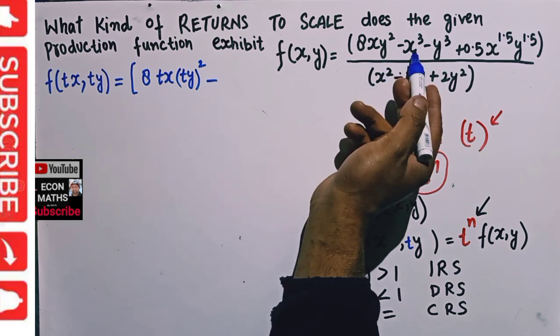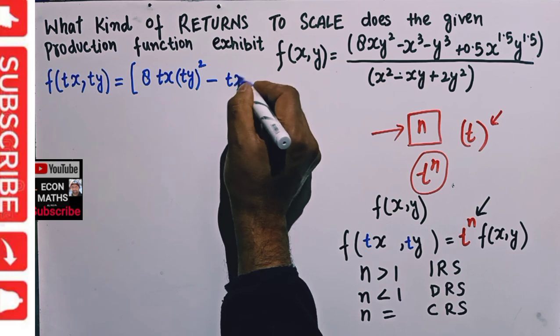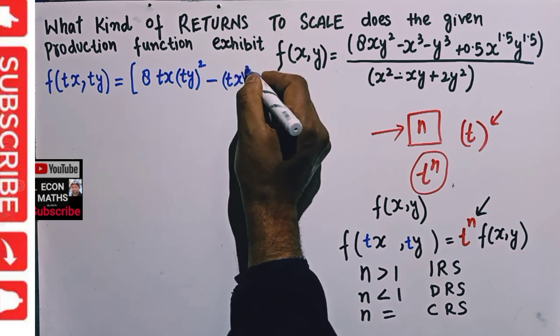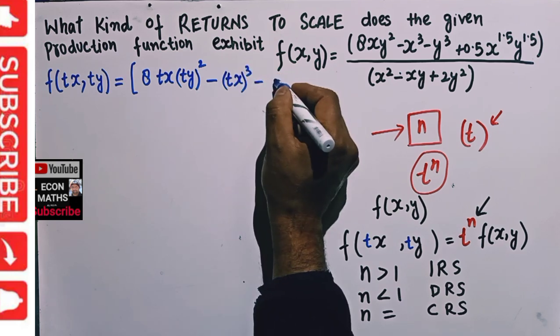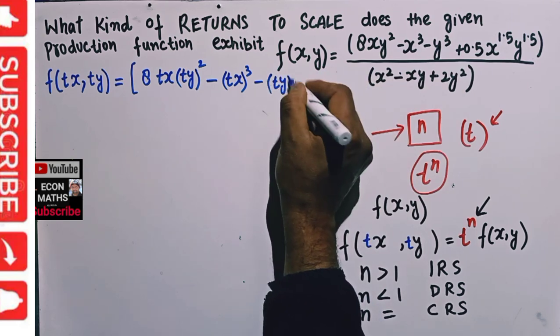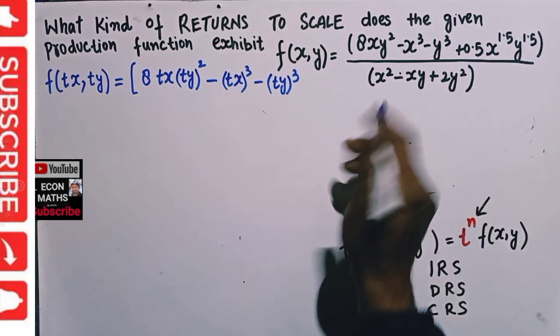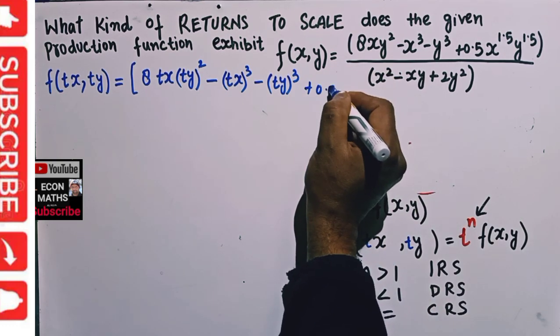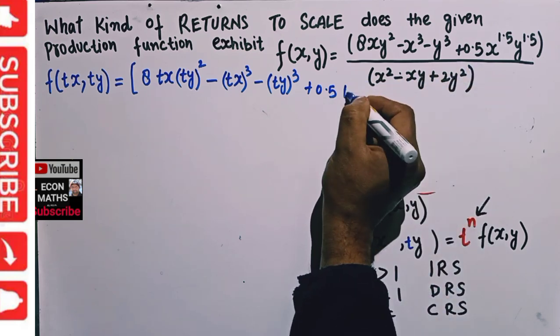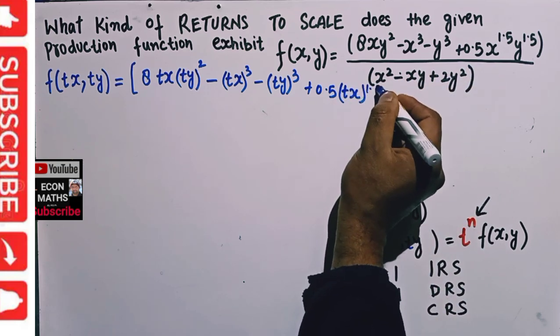Then we have minus, in place of x we have tx cubed. Then we have minus, in place of y we have ty cubed. Then we have 0.5, in place of x we have tx raised to the power 1.5.